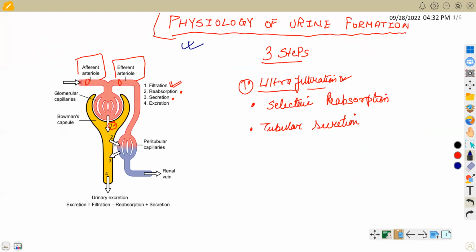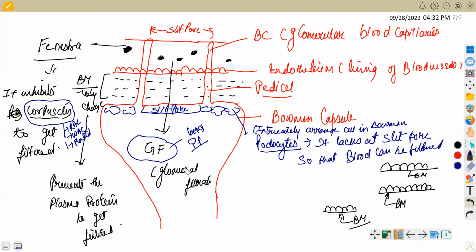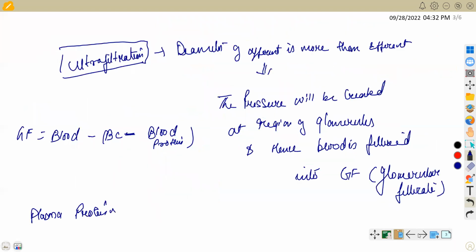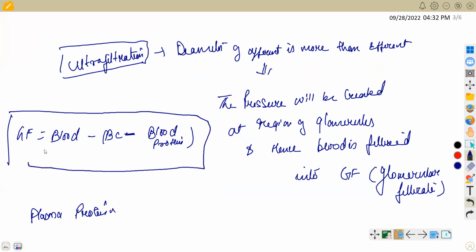There are pedicels and podocytes forming a slit pore, and blood is filtered, but it lacks plasma protein because of the negatively charged basement membrane, and it lacks corpuscles because of the fenestra. This is how glomerular filtrate comprises blood minus blood corpuscles and blood protein. GF is also called UF, or ultrafiltrate, because it is formed by the process of ultrafiltration.